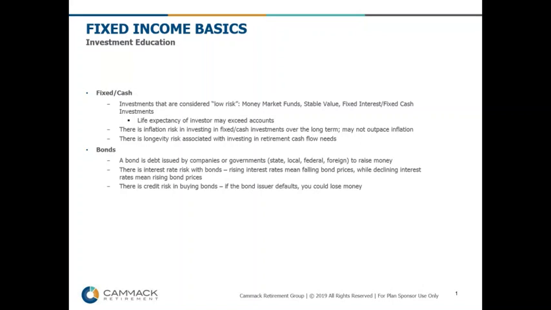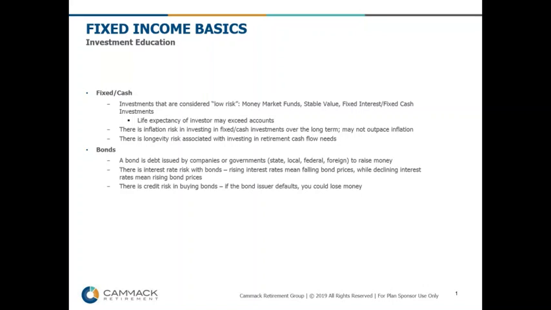Another fixed income investment that may be offered on your plan as a separate option is a bond. A bond is debt of a company. It's usually issued by either the government, state, local, federal, or foreign, or by companies. So you're actually lending money to these entities. There's an interest rate associated with the bond, and the return on the bond depends on when you buy the bond.